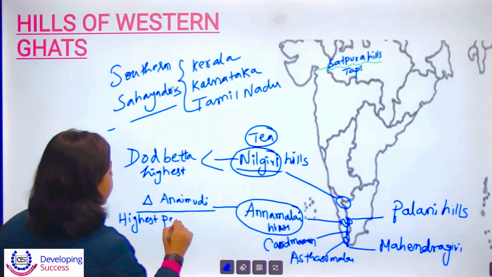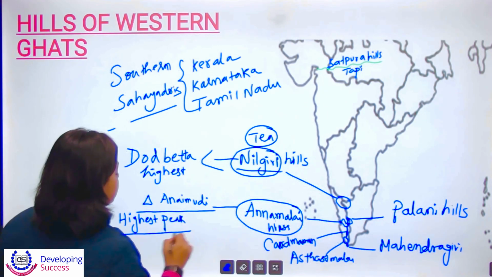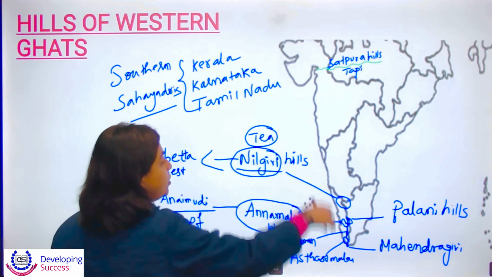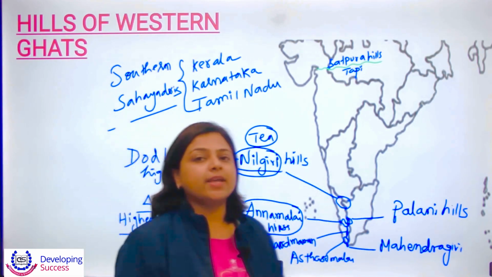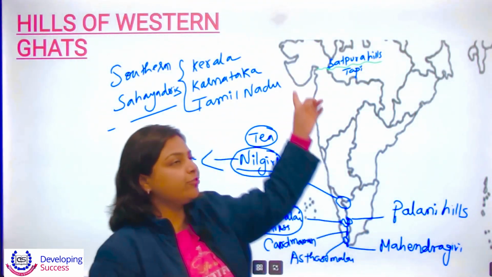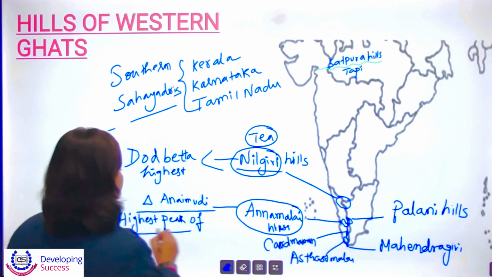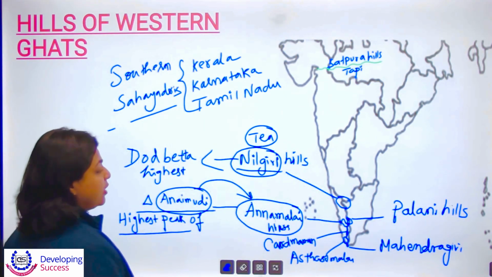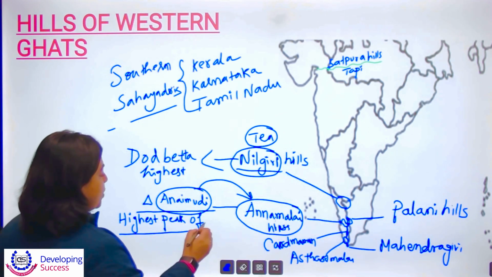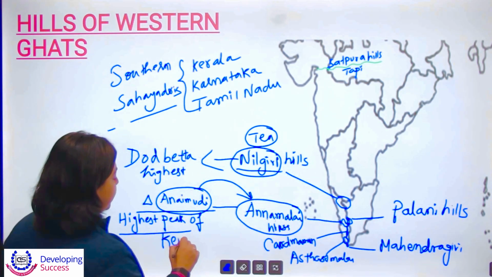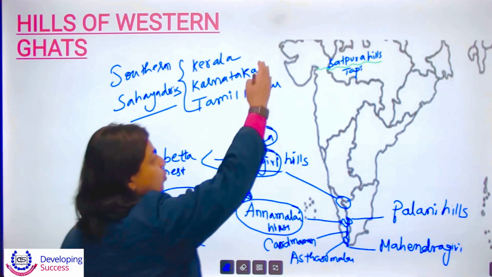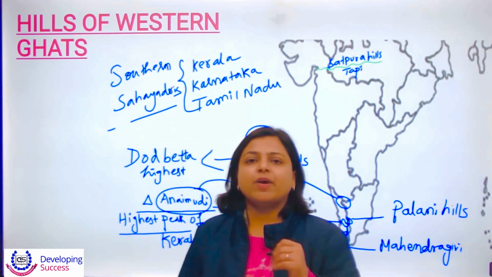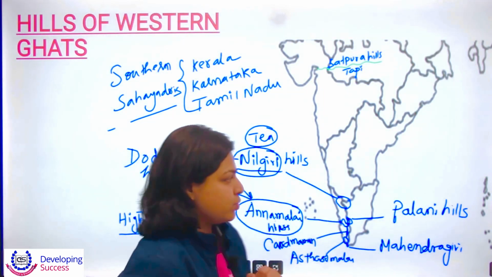So if they ask you in the examination the highest peak of the total Western Ghats, then it is Anemudi. It is present in the Annamalai Hills. It is also the highest peak of Kerala. Obviously, it is the highest peak of the whole of the Western Ghats, and that is why it is the highest peak of Kerala also.